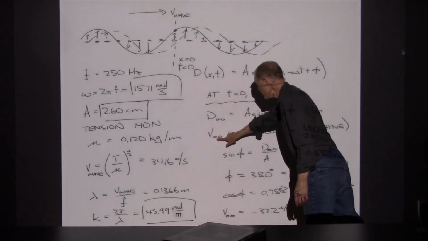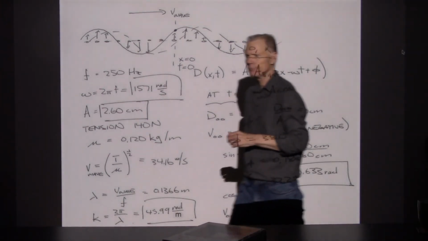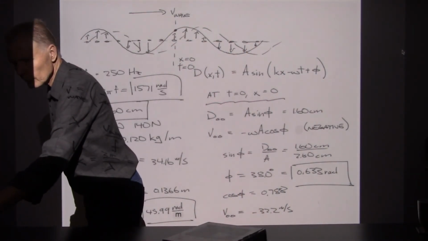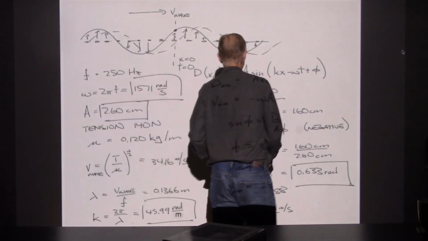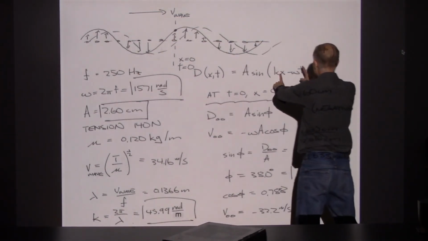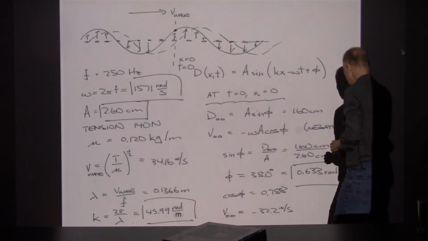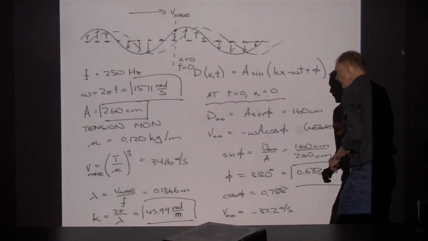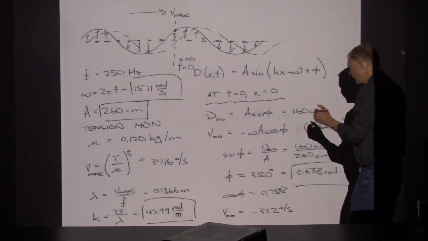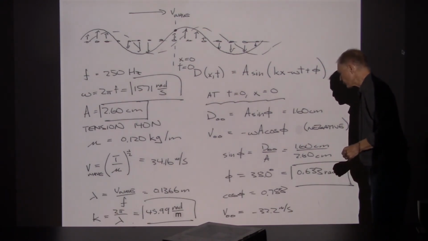The initial speed would come from the velocity formula that we derived on the previous page. If I put x equals 0, t equals 0, that becomes negative omega A cosine phi, so it's a negative value. Then I can use sine and cosine functions to determine what that phase difference would be.